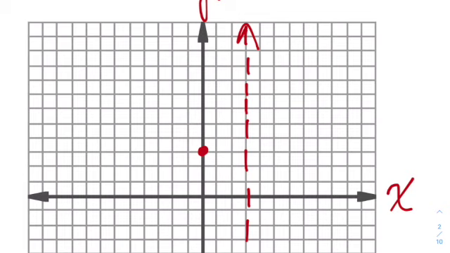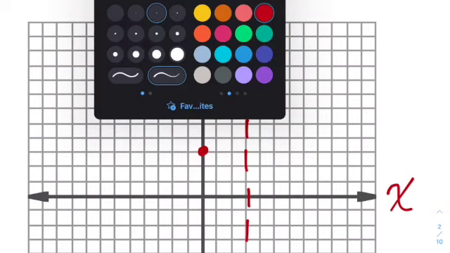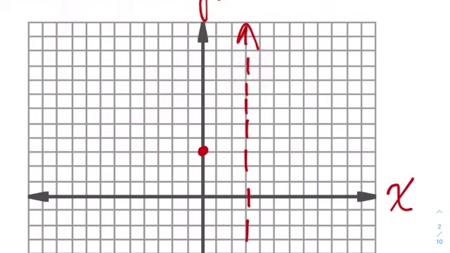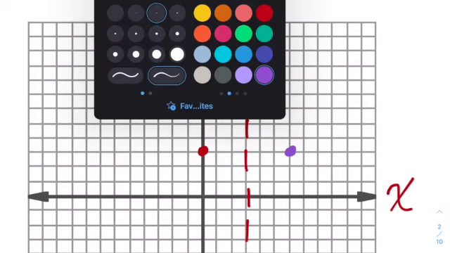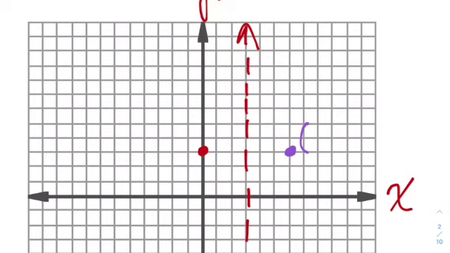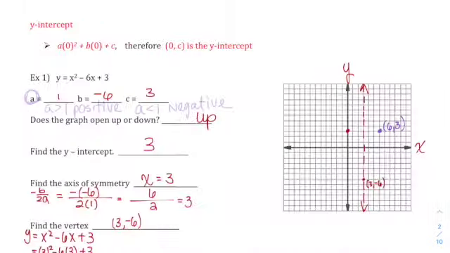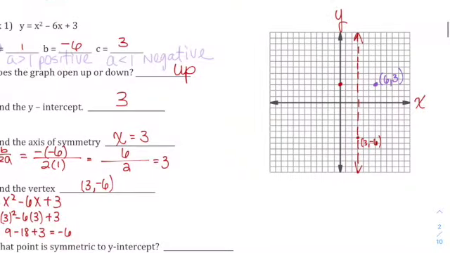That means one has to be able to flip and get to the other one. In that case, we are going to take this 3 right here and flip it over, and I get this point. That is symmetrical to your y-intercept, and that is going to be 6, comma 3.